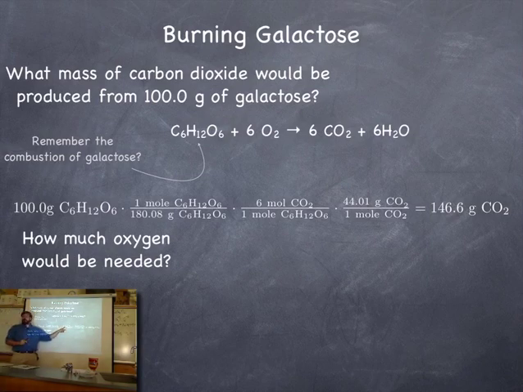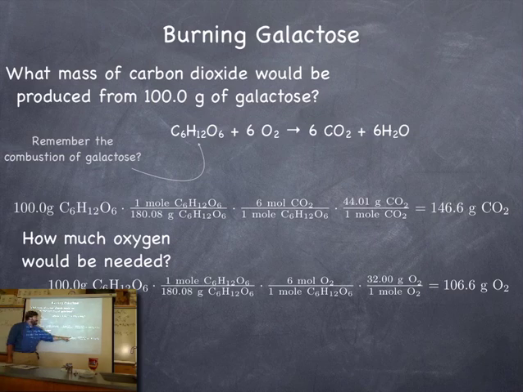The number stays the same, but that's just happenstance because this and this happen to be the same. But if this number was different, but we do change, this isn't CO2 anymore. And the last part in particular, this is now O2, and it's 32 grams because it is O2. Okay, O2, that's the molecule we're talking about. I'm asking how many grams of O2, and it's 106.6.